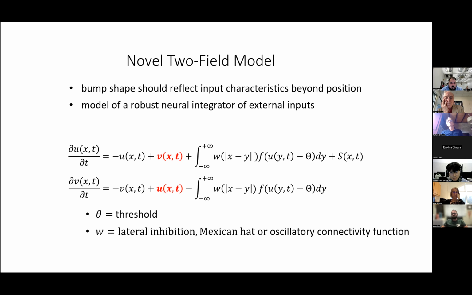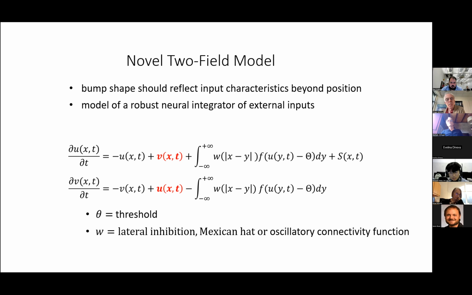If this were a nonlinear function, f_V, f_U, you would introduce something like a saturation for the neural integrator. We did this. I have a couple of papers at the end where you can read the analysis and so on.